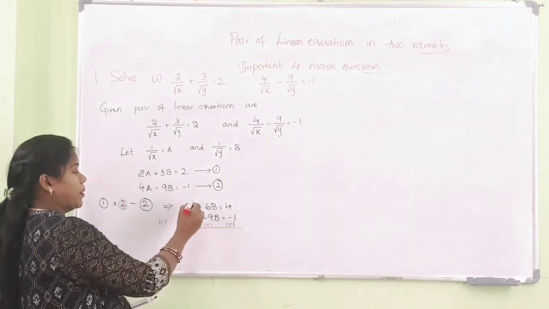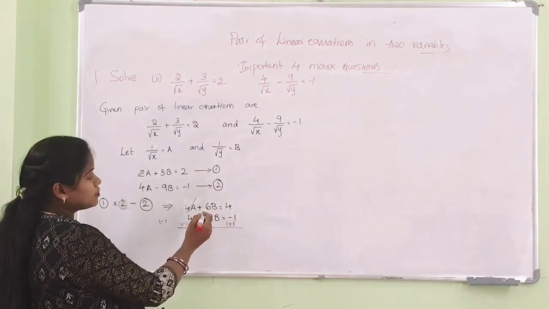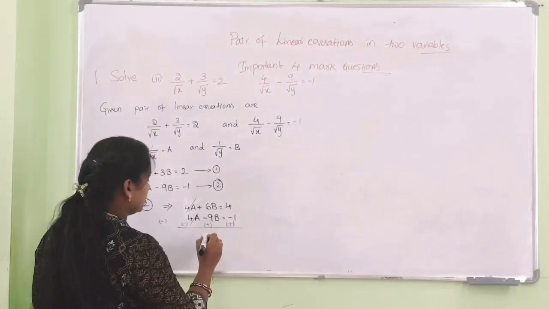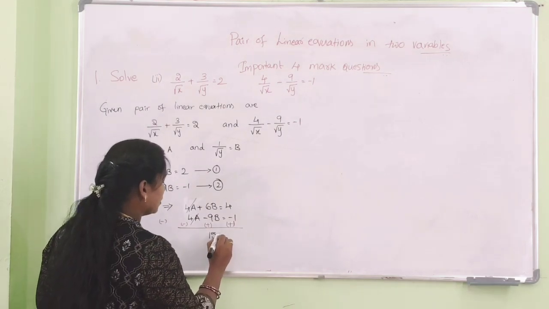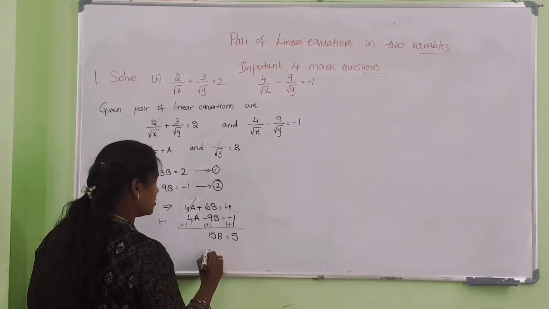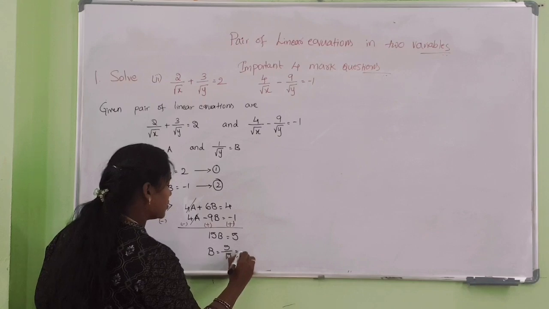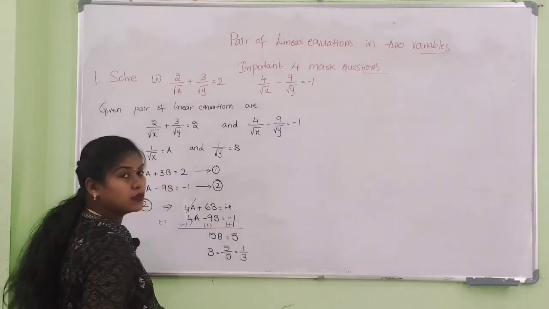So here plus 4a minus 4a gets cancelled. 6b plus 9b is equals to 15b. That is equals to 4 plus 1 will get 5. So b is equals to 5 by 15, which is equals to 1 by 3.